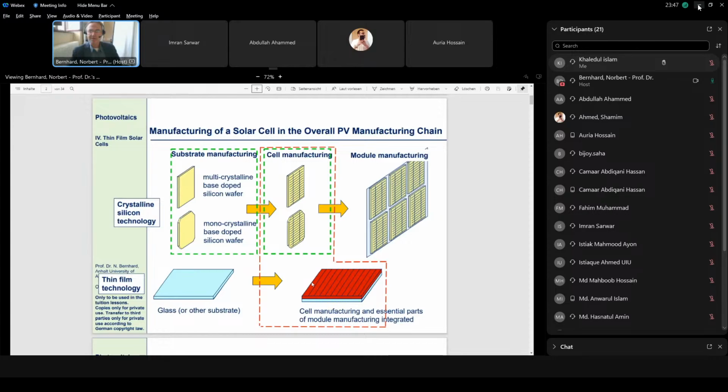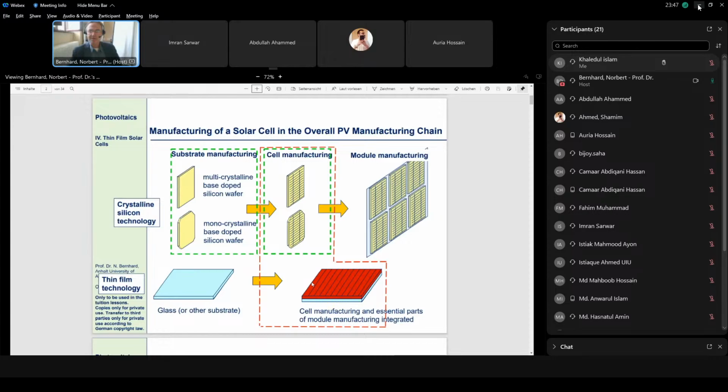And since the performance of a single amorphous cell, here the yellow one, is so poor, usually in commercial modules it's combined with a thin microcrystalline silicon layer. The light incidence would be from the top. That means the amorphous silicon would be the top cell, and the microcrystalline cell would be the bottom cell.